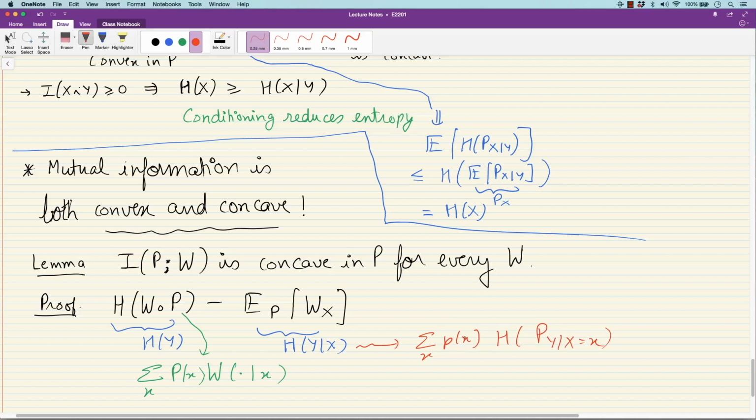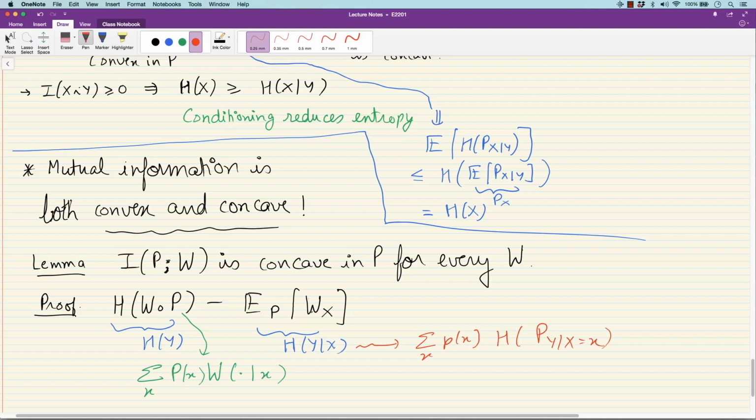So this term is a linear function of P. And this guy is a linear function of P with an H outside, so it is a concave function of a linear function. You can show first that linear functions are both convex and concave.